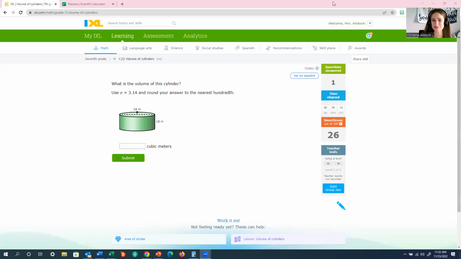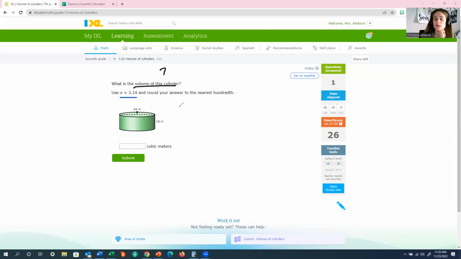This is a good one. This one is just a little bit different, but not too much. So once again, we are finding our volume, and we are told to use pi for 3.14, and then we have a diagram here or a figure to give us our information.